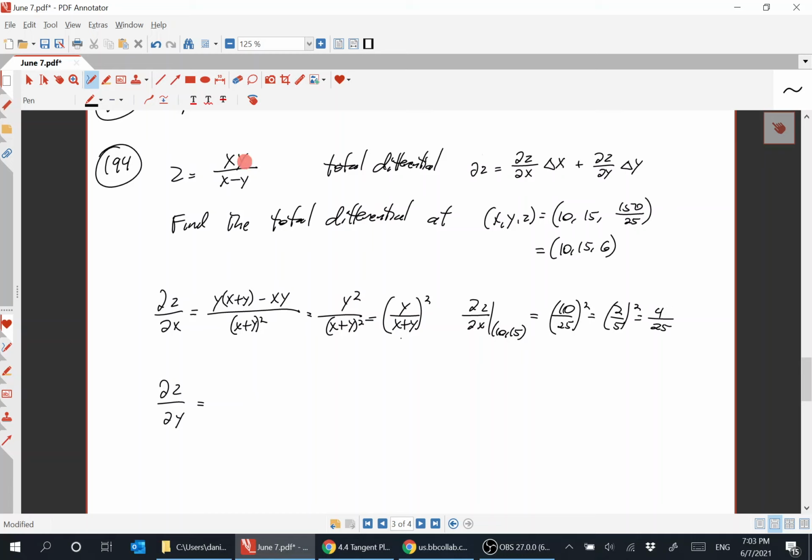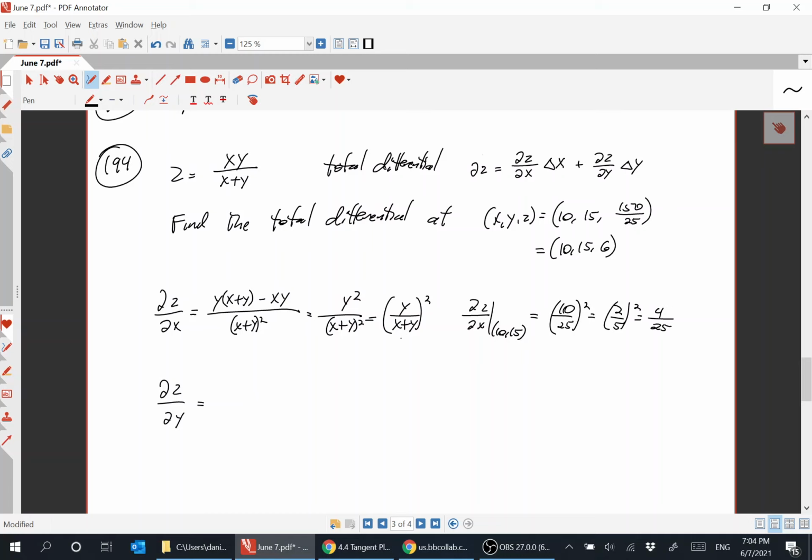Well, I think nothing changes. If I exchange x and y, then the product xy goes to the product xy. But the difference x minus y goes to the difference y minus x. So it's not exactly the same function, right? It gets negated. But on the bottom, because we have a plus there, it's the same.